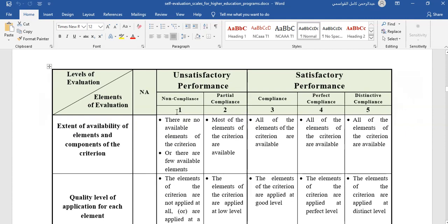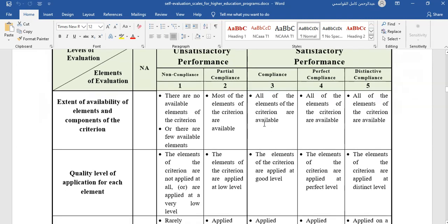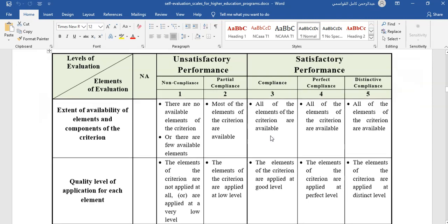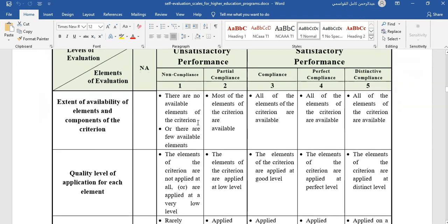We said 1 and 2, the first and second levels, are unsatisfactory, and at minimum you should have third level compliance to have satisfactory performance, and above, of course. Not all elements, but the average of the elements should be 3 and above. Extent availability of the elements and components of the criterion.